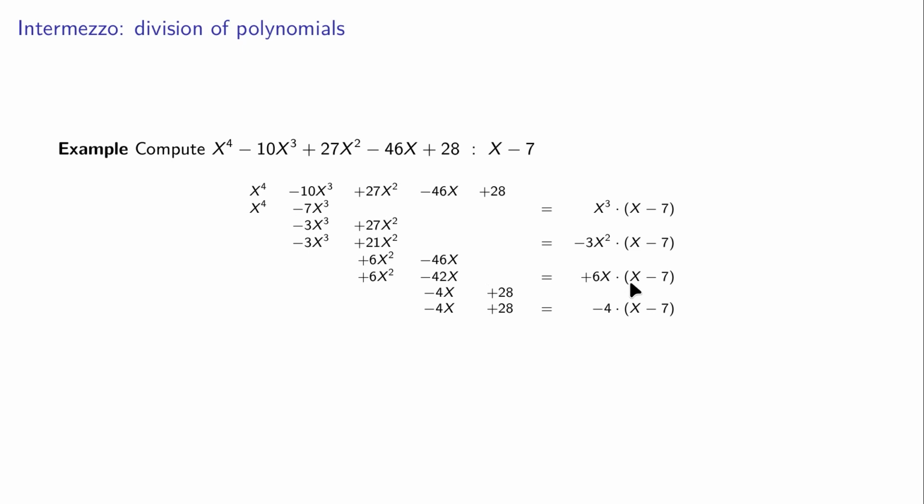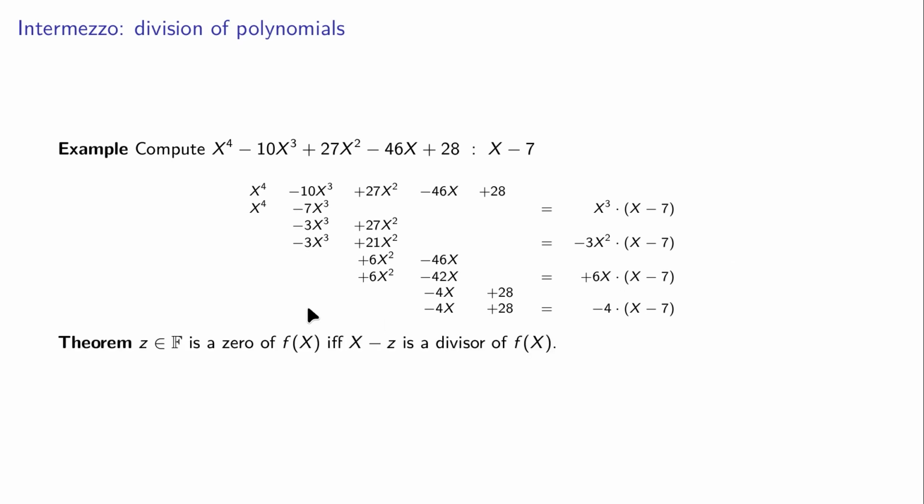In this specific case, there is no remainder, so we know that x minus 7 indeed is a factor of this polynomial. The quotient is this column here, so the quotient would be x cubed minus 3x squared plus 6x minus 4.